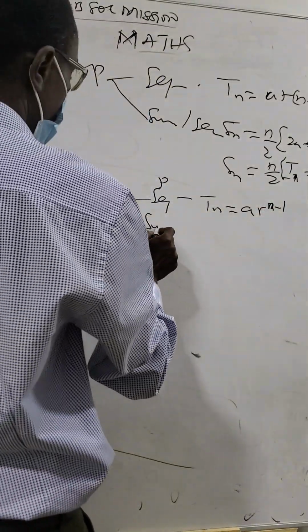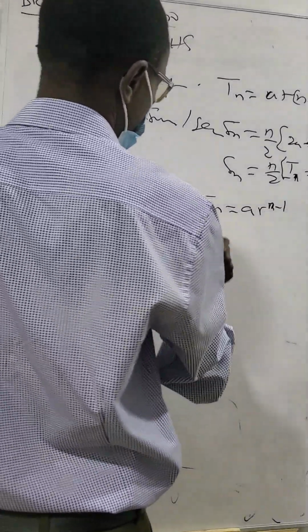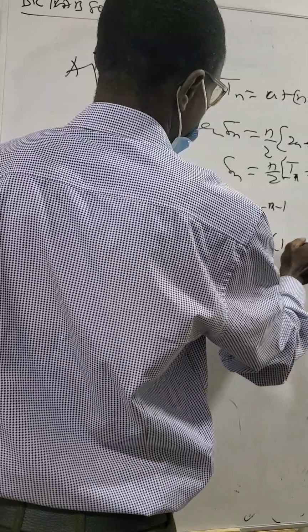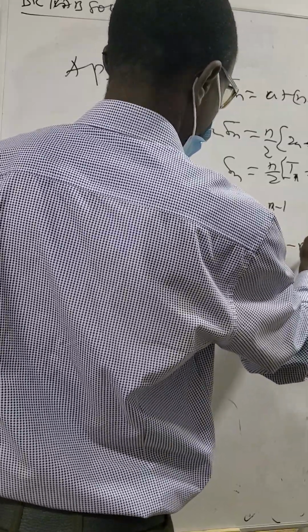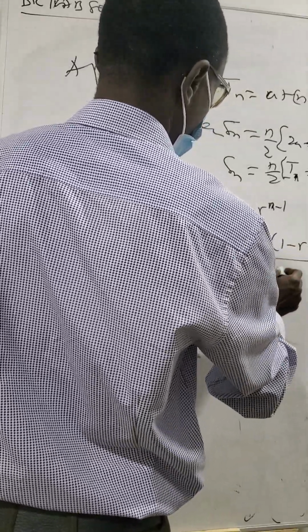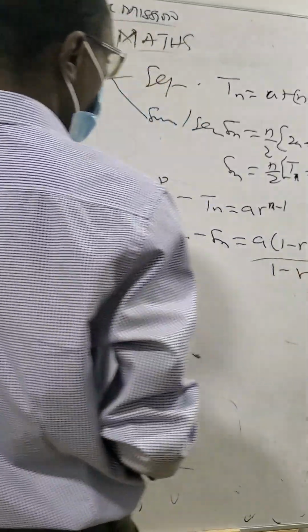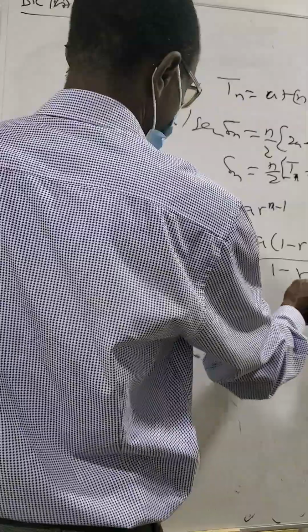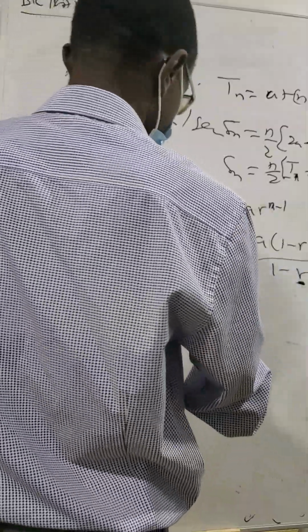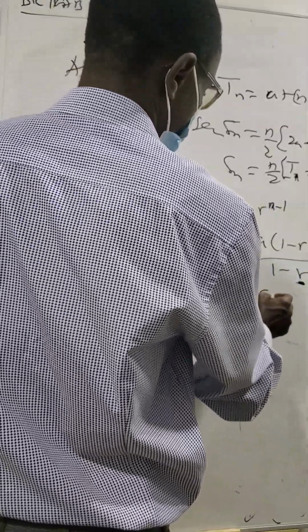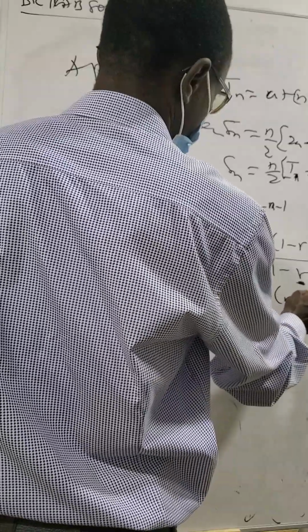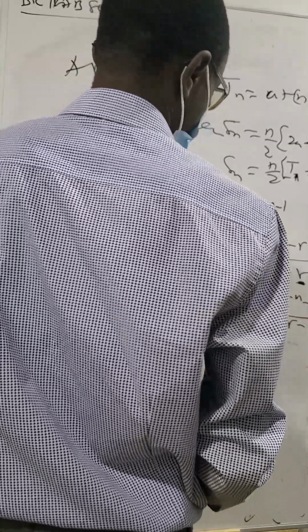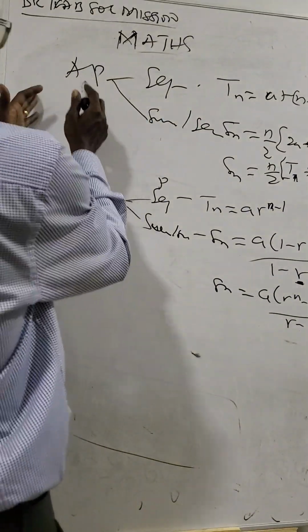The sum or the series comes out as Sn equals a(1 minus r to the power n) over 1 minus r. If r, the ratio, is greater than 1, then we reverse the equation, so Sn becomes a(r to the power n minus 1) over r minus 1. So this is for that and that.